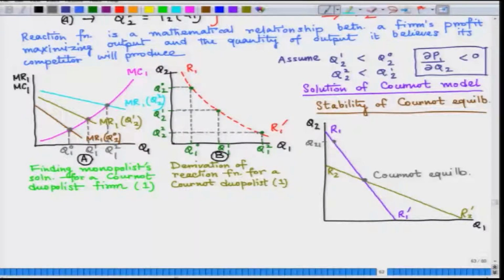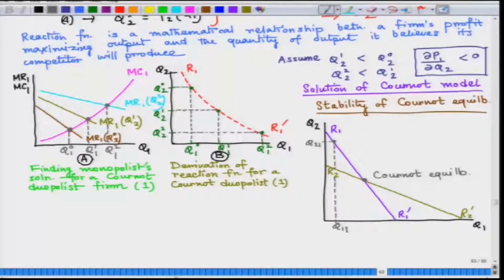So, you see that given the output level Q21, which is basically the initial output level, firm 1 decides to produce this much output, and that is basically Q11, right. So, this is the optimal behavior of firm 1 if firm 2 has chosen Q21 output level.